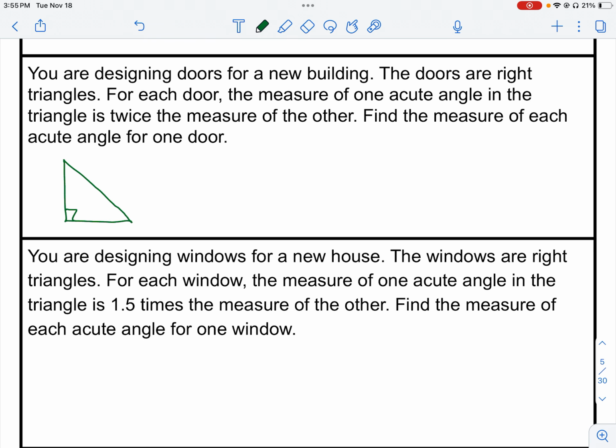And let's look at this. The measure of one angle is twice the other angle. So the other angle is some number, and we're just going to call that number x because we don't know what it is. That's going to make this number 2x, and we know 2x plus x equals 90. 3x equals 90, so x equals 30.